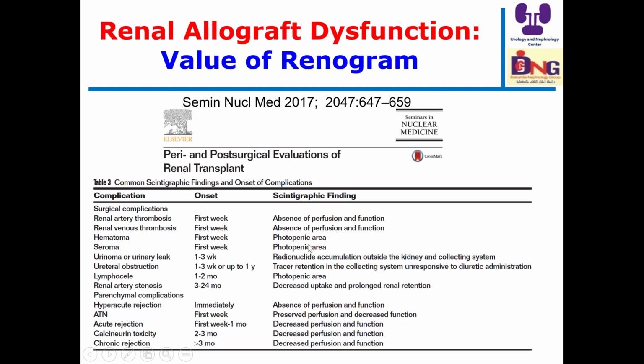So for each complication, there is a scintigraphic finding. But as I mentioned, I don't believe so much in renogram, and I think its value is just to confirm the presence of obstruction whenever it is in question.